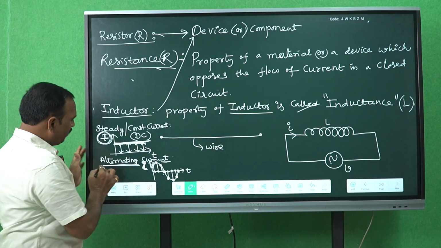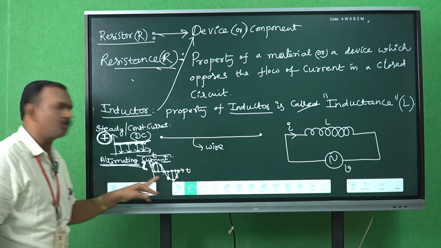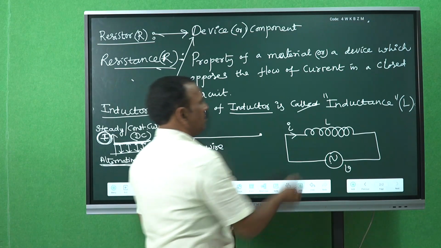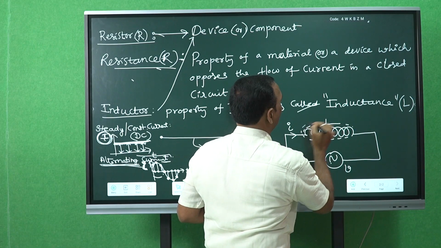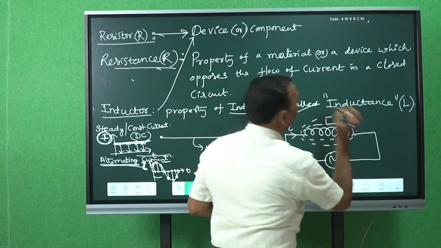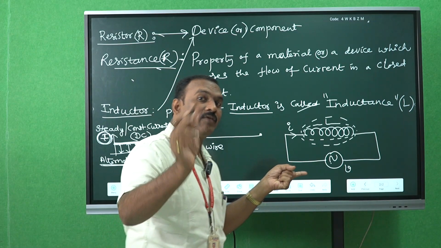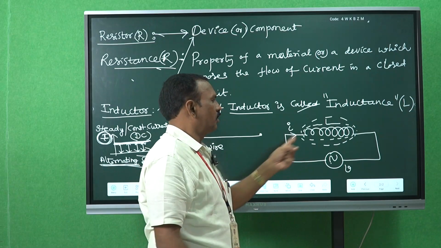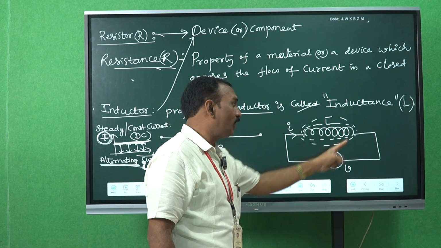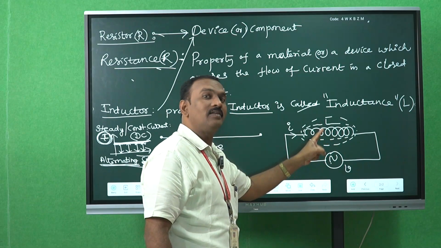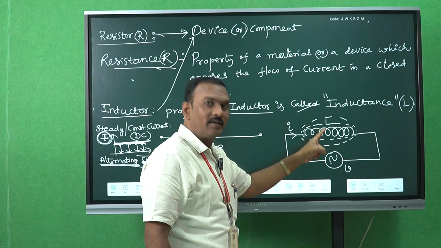Now, if an alternating current is passing through the inductor, what will happen? When the current passing through the inductor changes, a magnetic field will be set up around the inductor. At the same time, an EMF will be induced across the inductor.